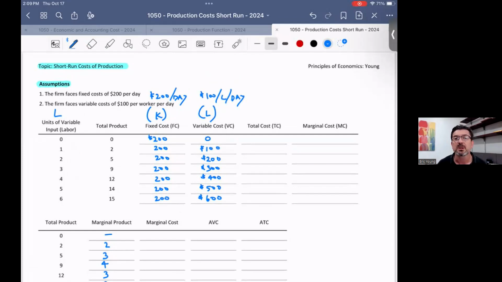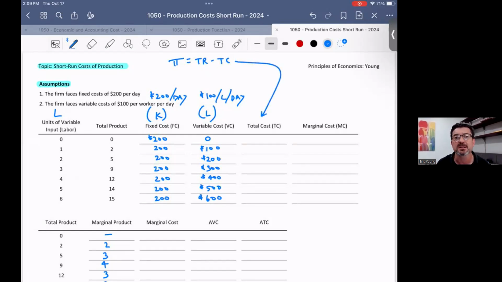Now, ultimately though, remember, profit is equal to total revenue minus total cost. So while we want to break our costs down as fixed or variable, what we really care about is total cost. And that's right there.